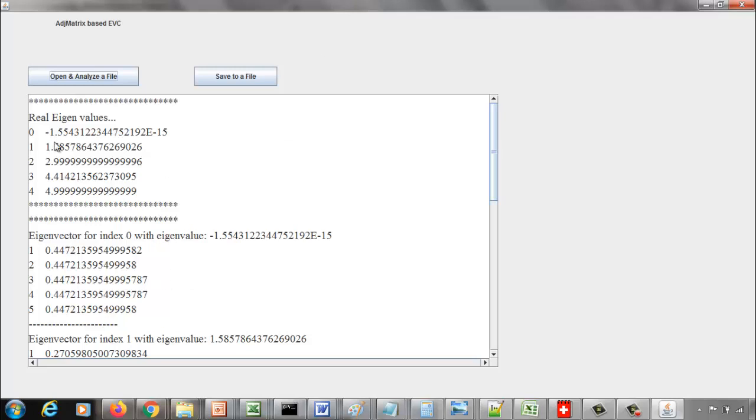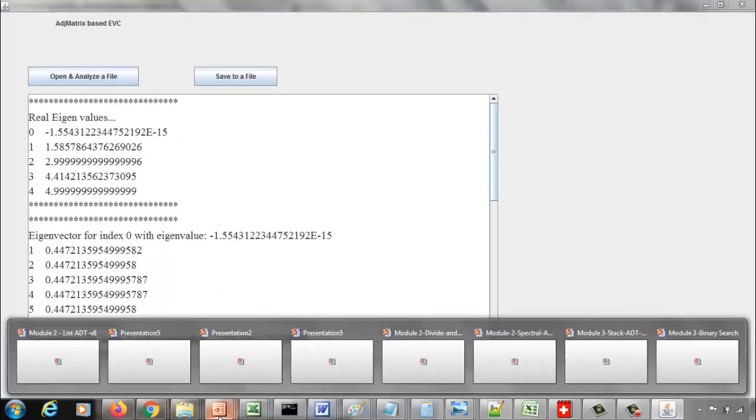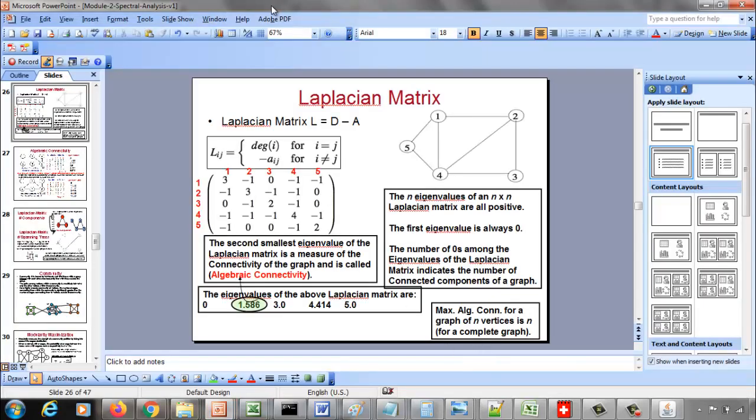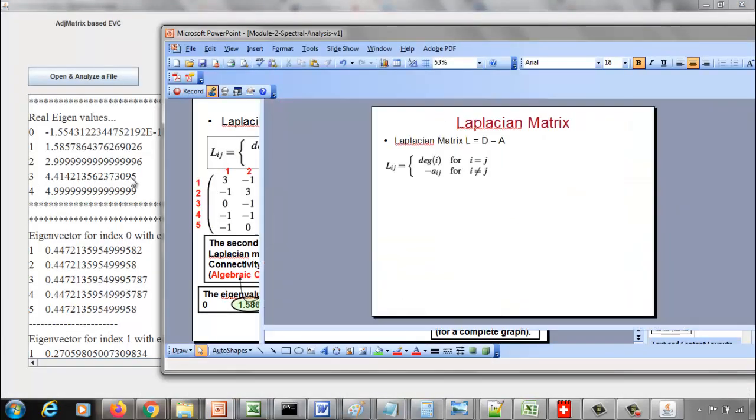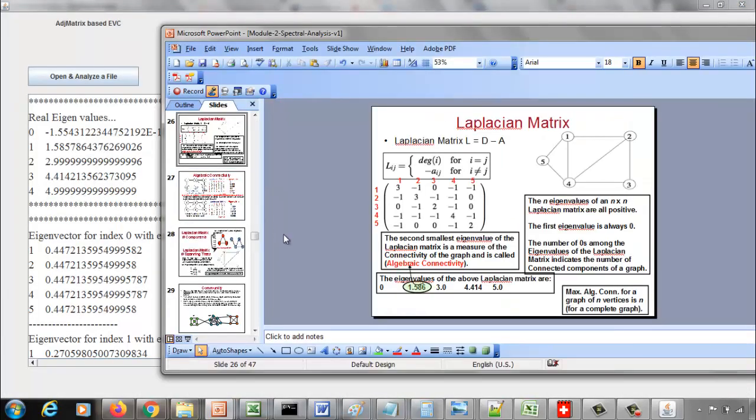Now you can see the first eigenvalue that is getting printed here is really close to 0. It's like -1.55 times 10 to the power -15. That's a very, very small number. So for all practical purposes, we can consider that to be 0. And the other eigenvalues are numbers like this: 1.586, I just rounded to 3 decimals.